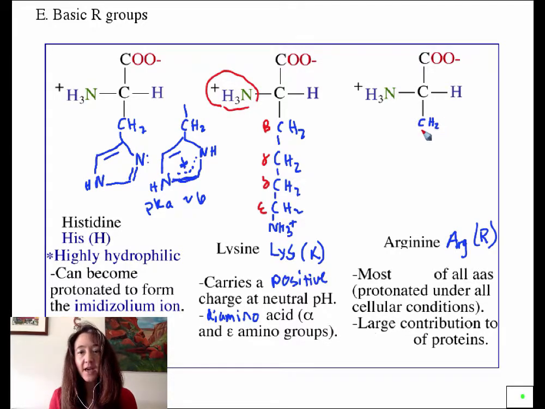There's a beta carbon, there's a gamma carbon, there's a delta carbon, and then from there there's a bond to nitrogen. And this nitrogen is then bound to another carbon that's going to be a central carbon, which at this point is doubly bound to a nitrogen. This is positively charged, and then again we have another nitrogen here.